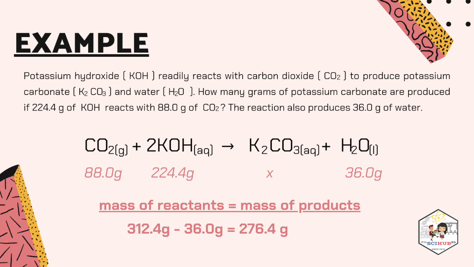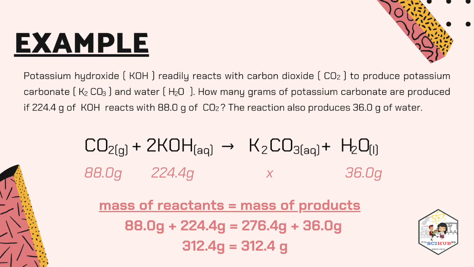Now, in order to check, we can substitute the value of X again into our original equation. So 88.0 grams plus 224.4 grams, which are the masses of carbon dioxide and potassium hydroxide as our reactants, equal the mass of our products, potassium carbonate, 276.4 grams, and water, 36.0 grams.